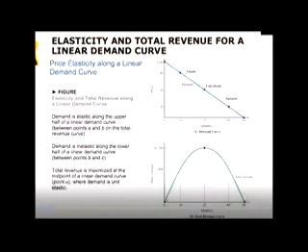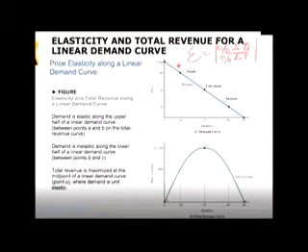So if we remember what the formula for elasticity is, it's the percent change in quantity divided by the percent change in price. A large percent change in quantity relative to percent change in price is elastic. And as we've learned, on the elastic part of a demand curve, as the quantity goes up, so does total revenue.